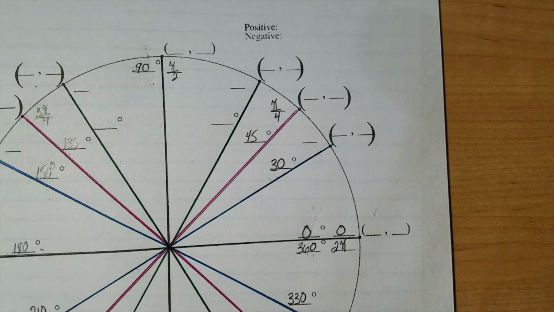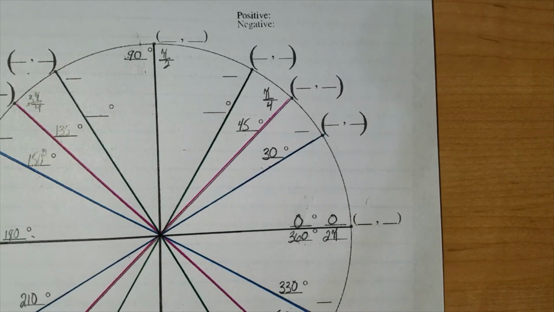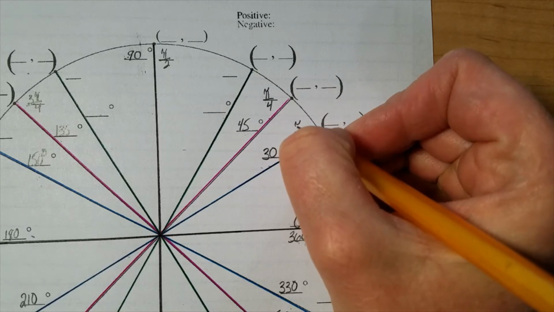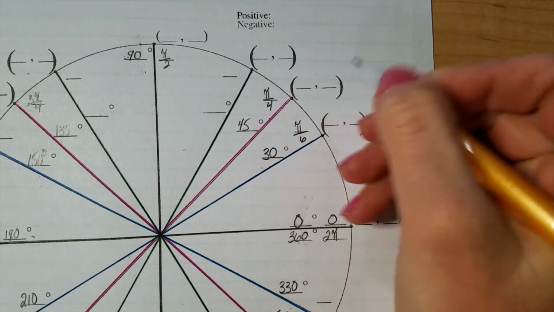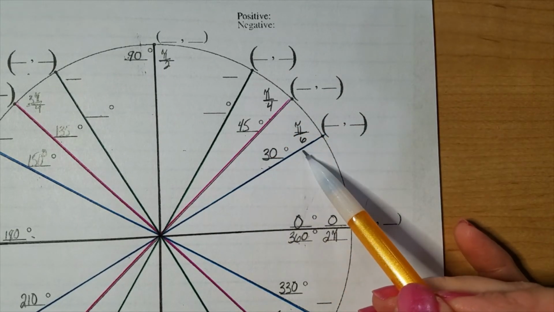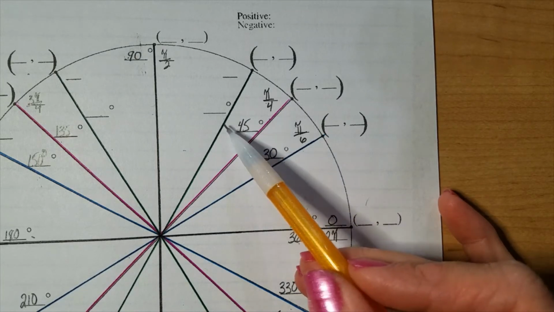Let's do 30 degrees now in radians. So 30 degrees in radians is pi over 6. Okay, so here's pi over 6. Again, remember 30 plus 30 is 60.